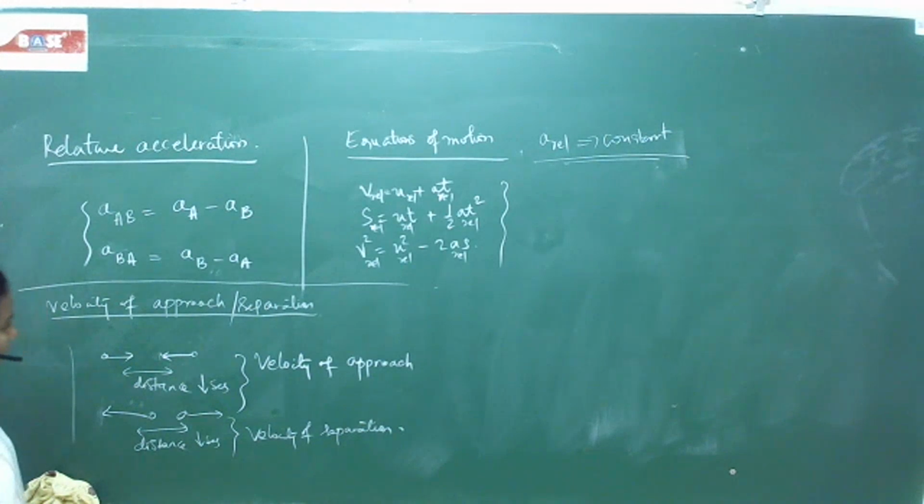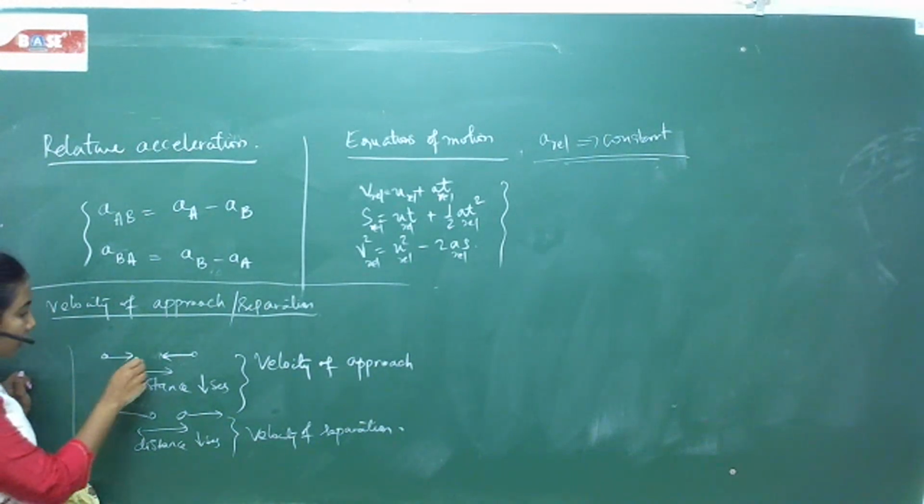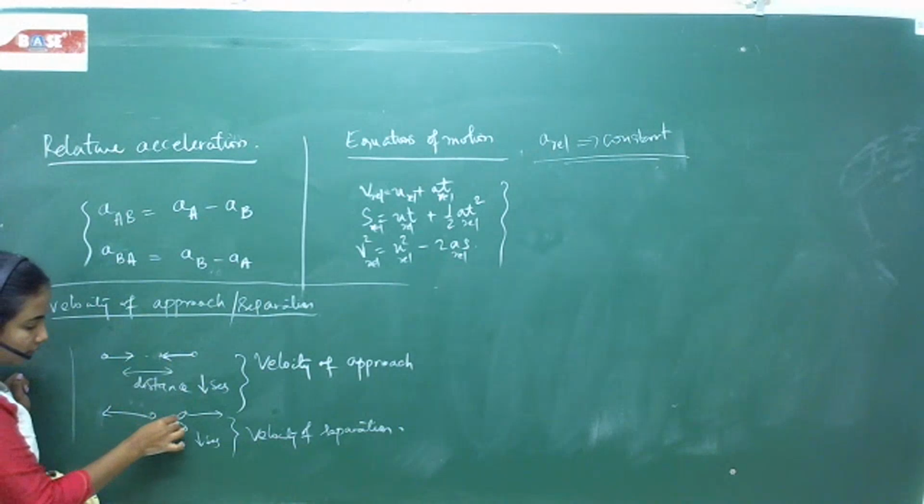See, another thing is that here the relative velocity is along the line joining the two bodies, right?